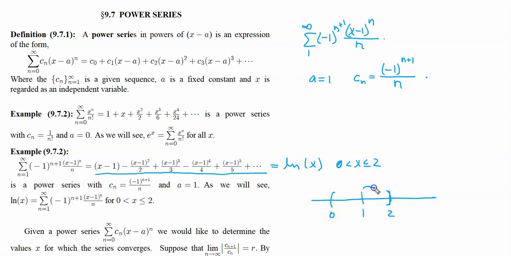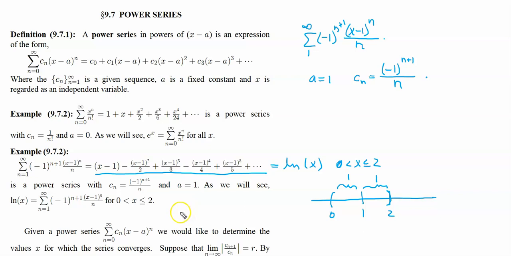So you notice this distance is 1. That's your radius of convergence for this particular power series. Now, we'll discuss that in more detail, and we'll look at a method of calculating that next. Okay, so there's another example of a power series.